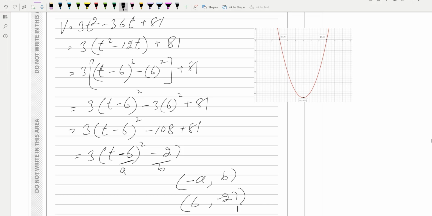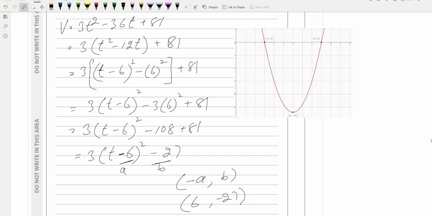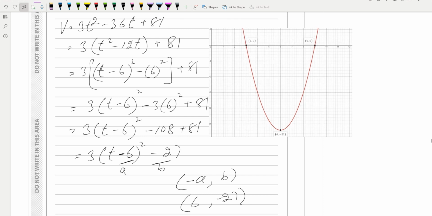If you plot the graph with software, and there are many software tools available online, you can practice and see. In this graph, the minimum point I have shown is 6 and minus 27.